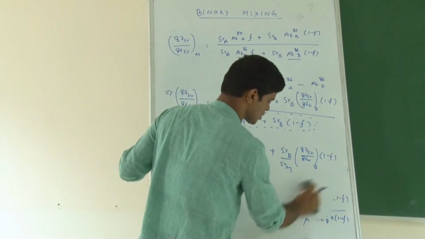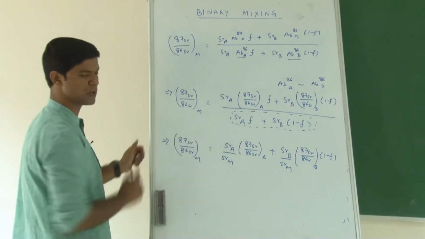X into y is a constant term which comes out to be a hyperbola term.